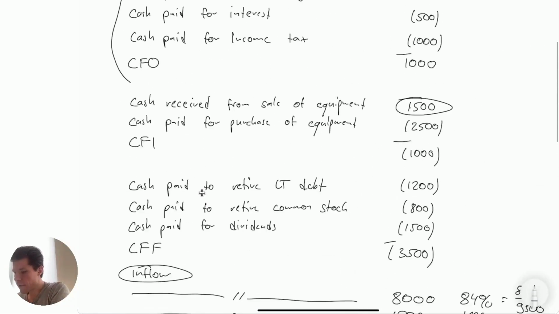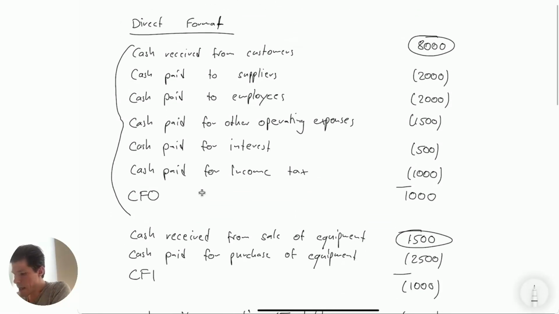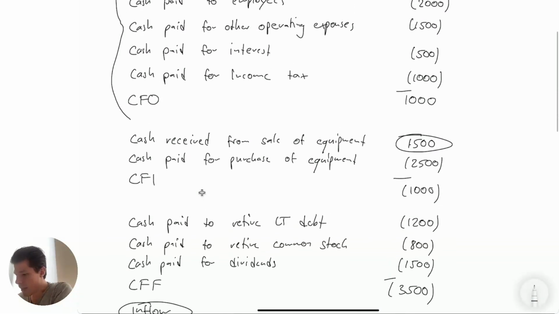If you have a cash flow statement in the indirect format, then you would start with CFO right away. Because in the indirect format, we start with net income, we do non-cash adjustments such as depreciation and amortization, and then we would look at net working capital adjustments. So you leave this out, and you would start directly with CFO.